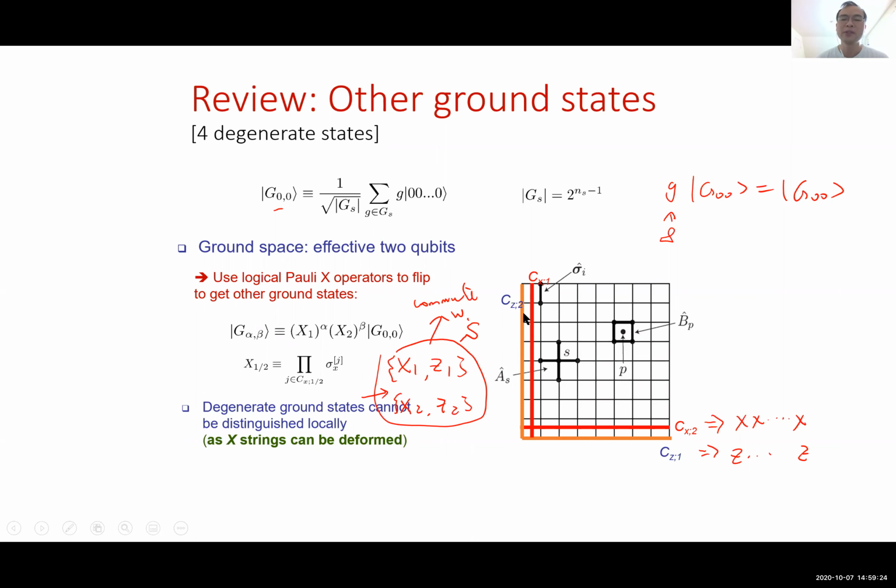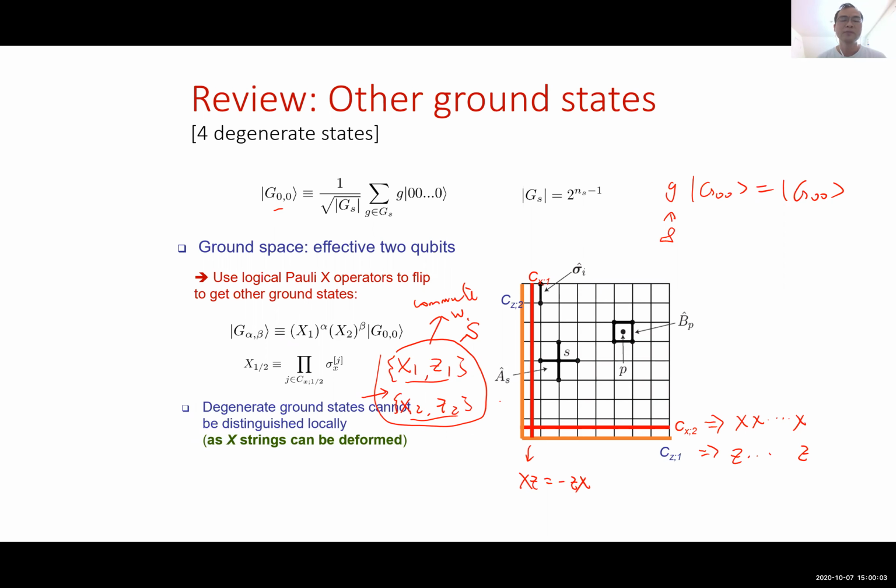And we see that X1 is the vertical X here, and the horizontal Z1, they cross here. So they have one location that crosses. That means X and Z would anticommute. That's why there's a minus sign, and that satisfies the logical property of these operators.